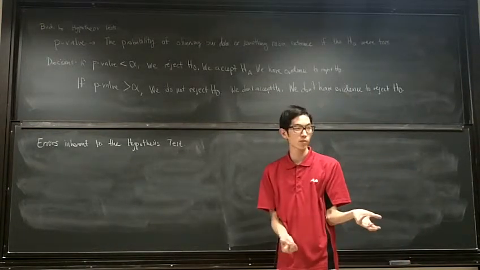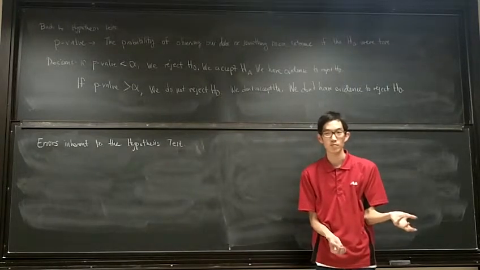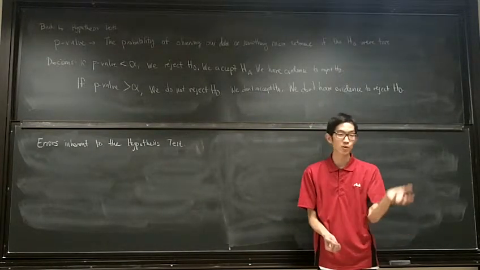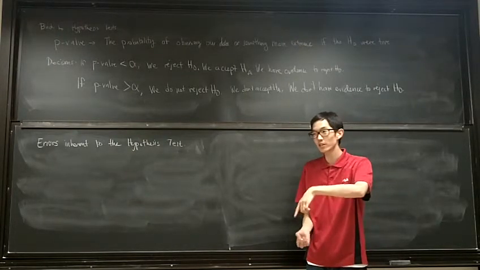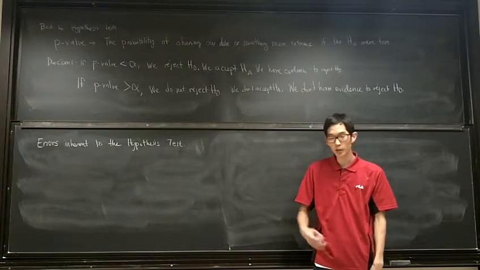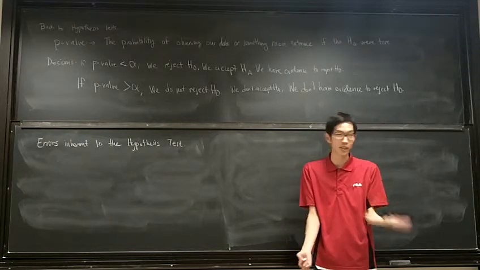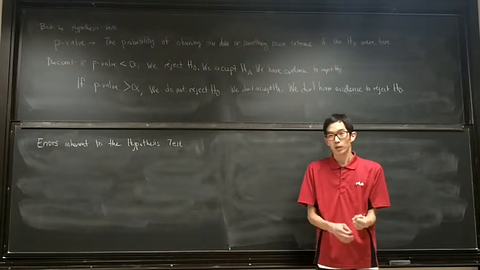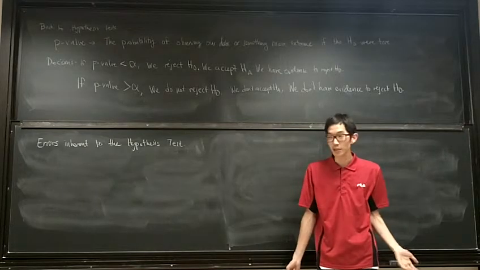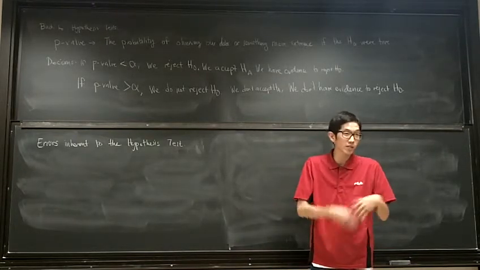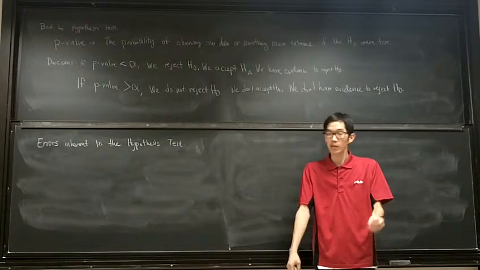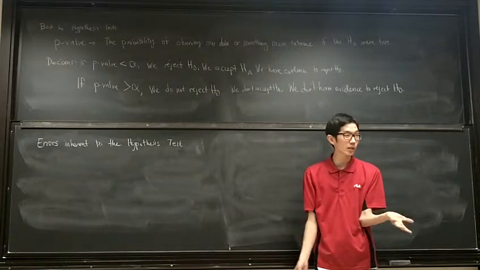What are those mistakes? The jury can either choose to say guilty or not guilty, which is similar to rejecting the null or not rejecting the null. But because the jury doesn't know the actual truth and is just basing it on the evidence presented, they could make a mistake.